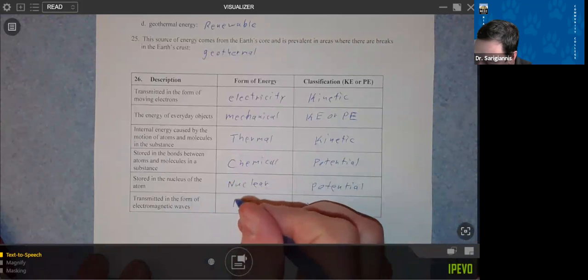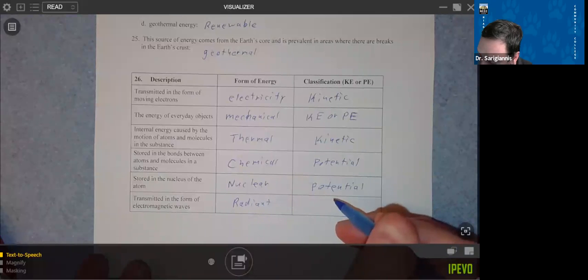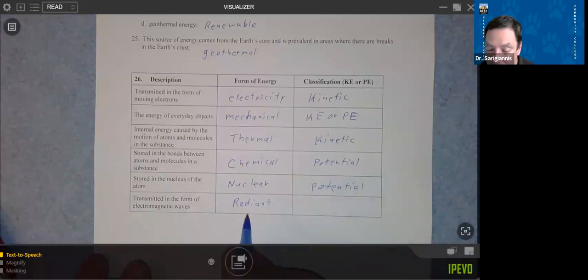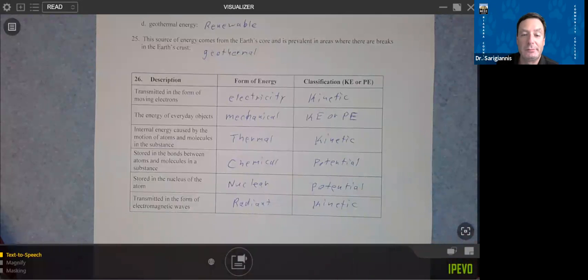This is radiant. Radiant energy is also energy in motion. So this is kinetic energy. All right, that's page 10.